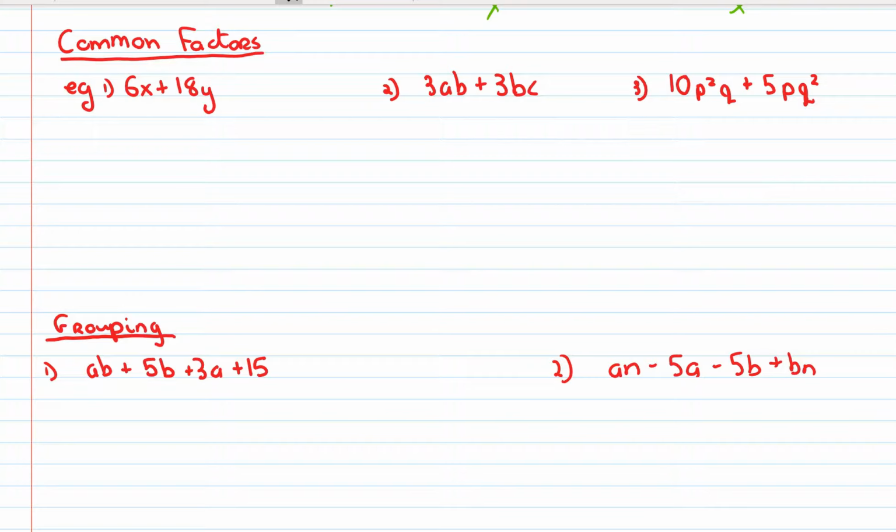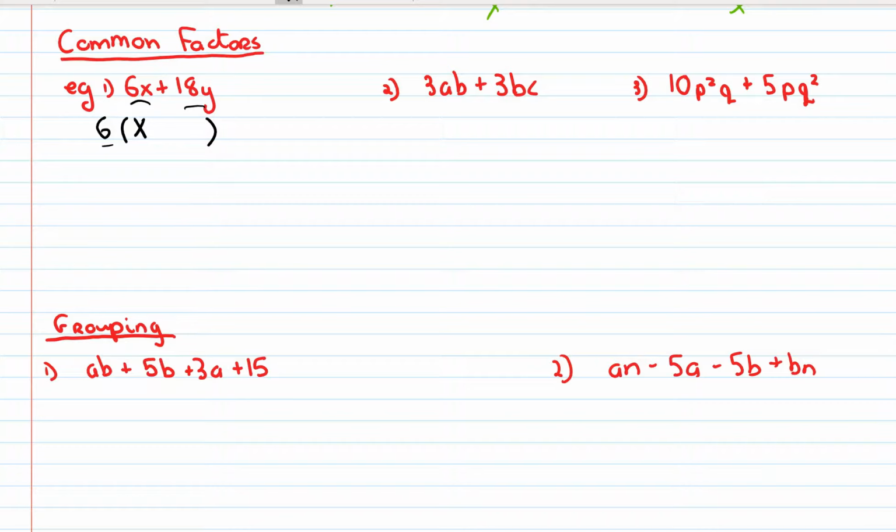So if we look at example 1, we have 6x and 18y. Now what can I take out of both of them? Whatever I can take out of both, I'm going to put outside the bracket. Well, 6 will divide into 6x, and 6 will also divide into 18y. So I'm going to take out 6, that's common to both. Now what do I have to multiply 6 by to get back to 6x?